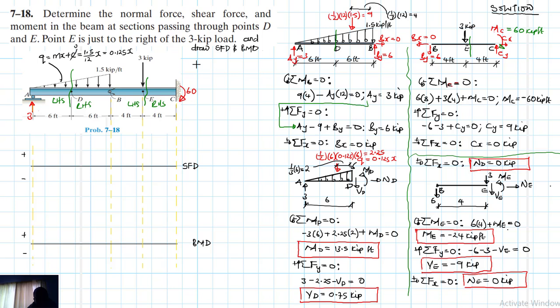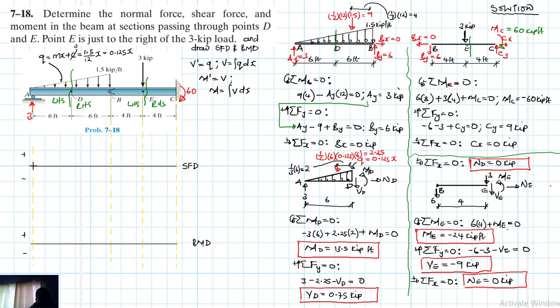We are going to use the differential equation: V prime is equal to the lateral distributed force, and V itself is just the area under this lateral distributed force, and M prime is equal to V, and M itself is just equal to the area under the shear diagram.